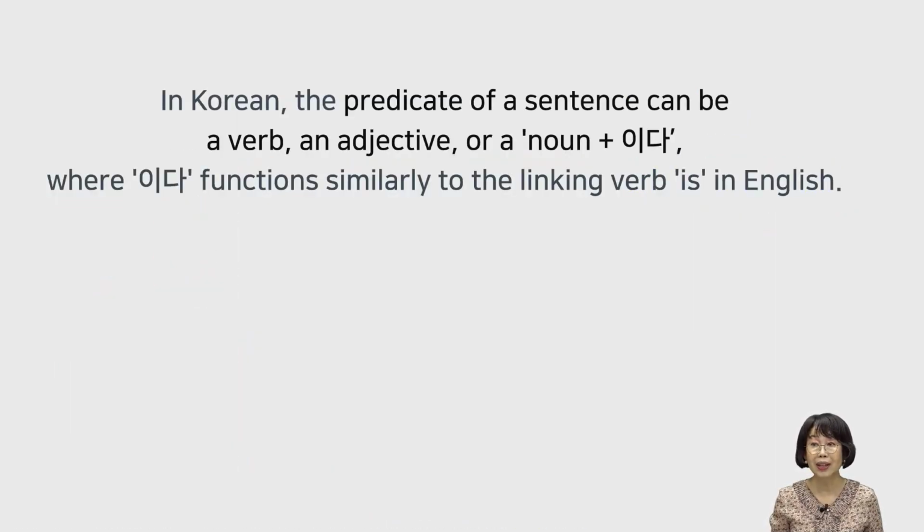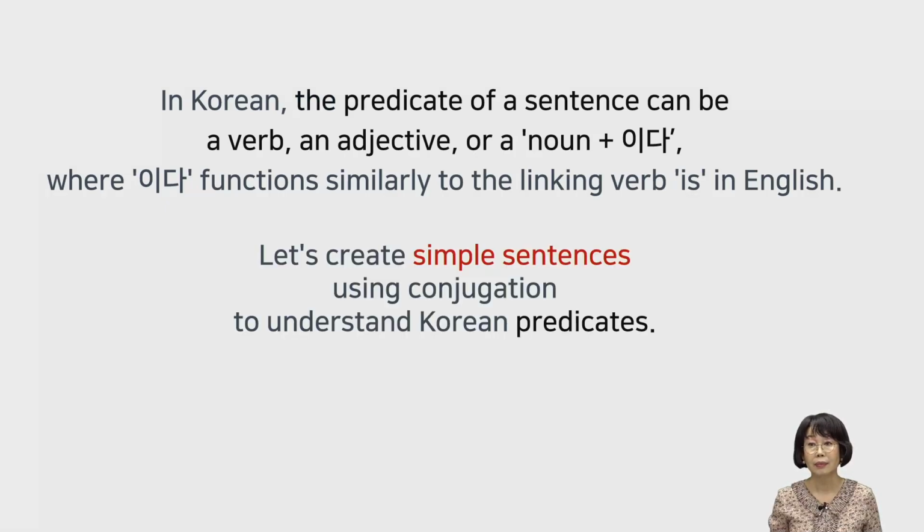In Korean, the predicate of a sentence can be a verb, an adjective, or a noun plus ida, where ida functions similarly to the linking verb is in English. Let's create simple sentences using conjugation to understand Korean predicates.